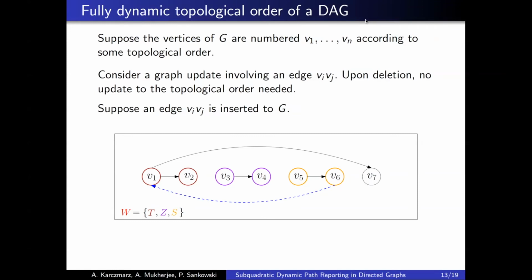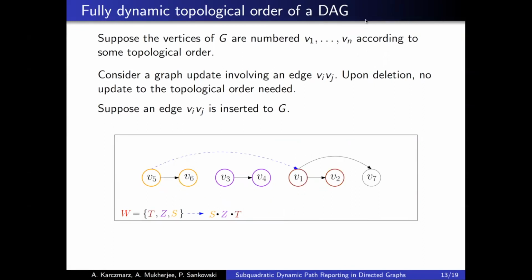Then the update is simple. We just arrange the vertices in the order S, Z, and T. For the correctness, see that there are no edges from the set T to the set S or Z, and there is no edge from the set Z to set S. And also, vertices in the same color class do not change their respective positions due to this insertion.